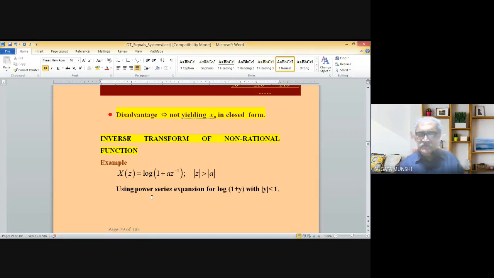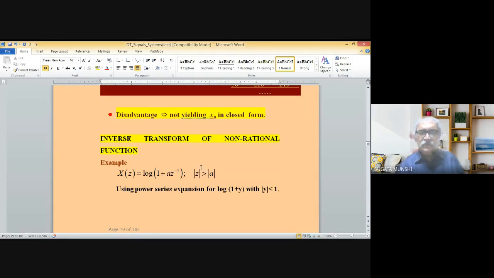If X(z) is given as a ratio of two polynomials in z or polynomials in z to the power minus 1, then we say that X(z) is obtained as a rational function. But if it's not that way, say this is the expression for X(z): log of 1 plus a z to the power minus 1 with magnitude of z greater than magnitude of a.